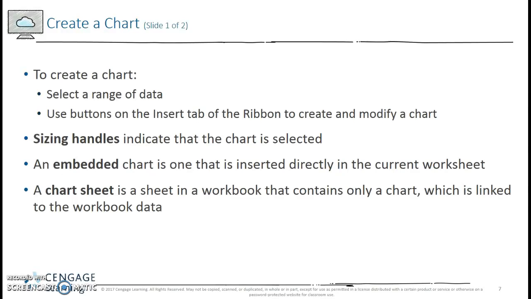And you can change the size by just going and grabbing those handles, and this would be the chart itself. It's just like a picture. You can grab those sizing handles and move the corners out to make it larger or in to make it smaller. An embedded chart is one that's inserted directly into a current worksheet.